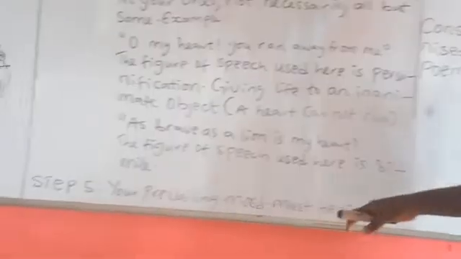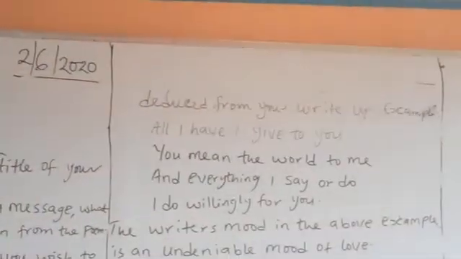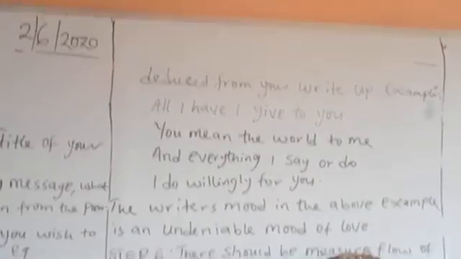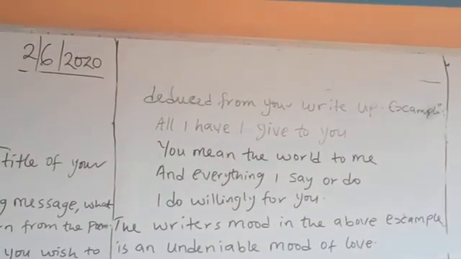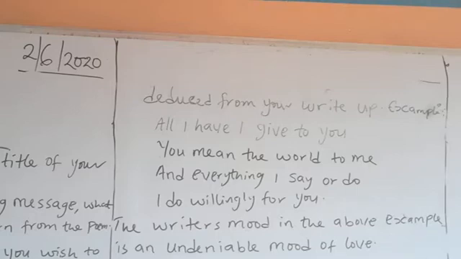And the next step you need to look at, step number 5, your prevailing mood must be easily deduced from your poem. What is the writer's mood? The reader should be able to know your mood when reading your poem. For example, we have here, "All I have, I give to you.